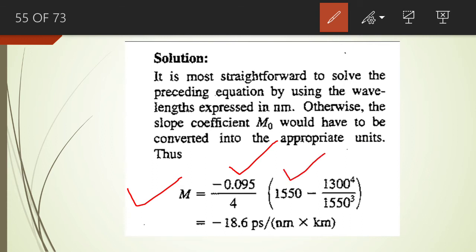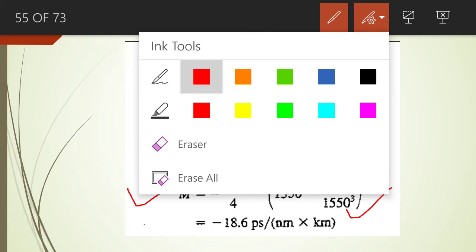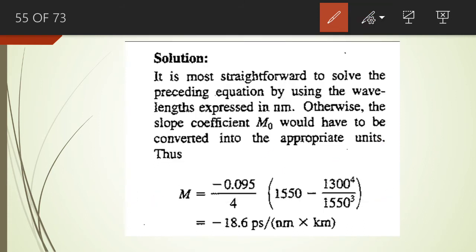Here is lambda, which is 1550 nanometer, and here is lambda naught, which is 1300. If we simplify the right hand side of this equation, we get the value of m, which is known as the material dispersion. M is minus 18.6 picosecond per nanometer kilometer. So this is the value of m in example number 3.3.